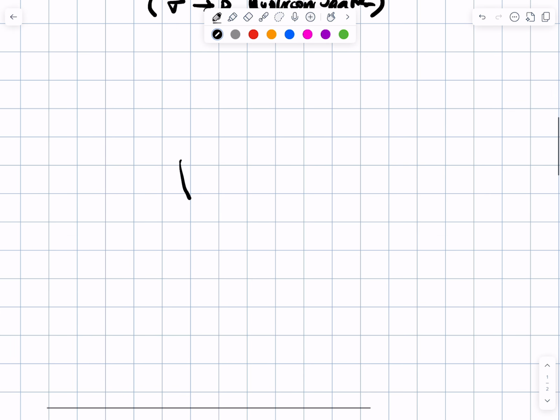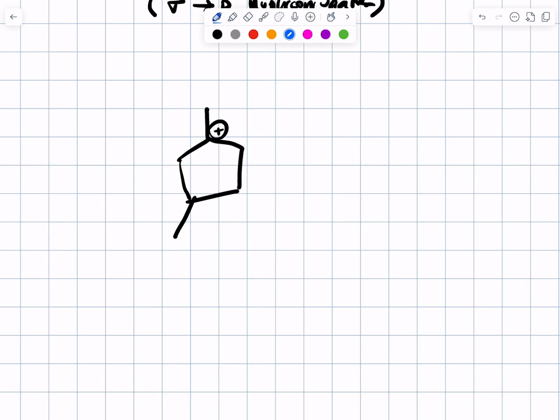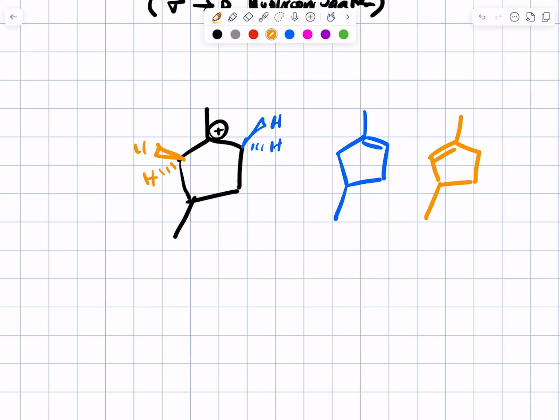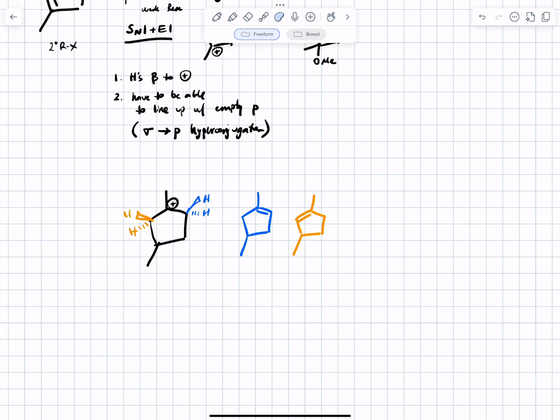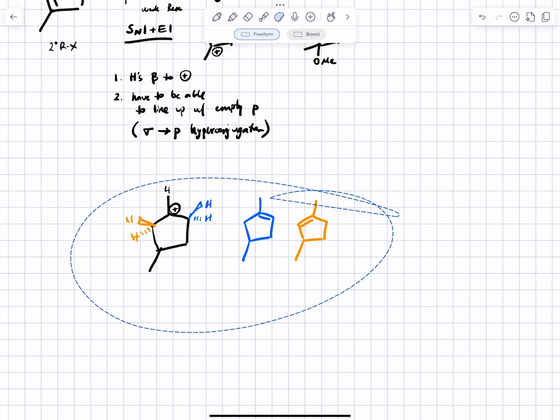So, stepping aside from that hypothetical molecule, if the molecule were like this, then yes, you would expect to get a blue elimination product and an orange elimination product like that. Okay. And also, sorry, I think that was a hydrogen.